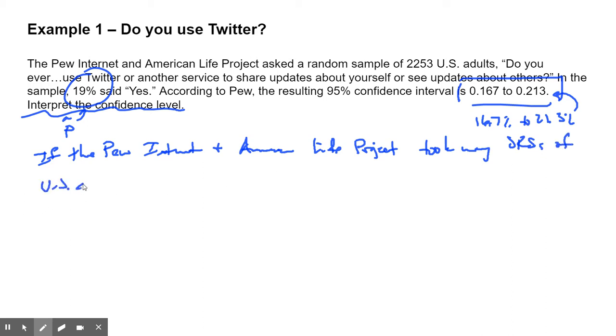So that's the population of U.S. adults, and constructed 95% confidence intervals, because that's the confidence level, using each sample.